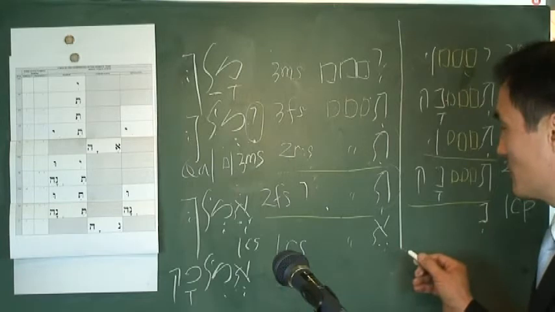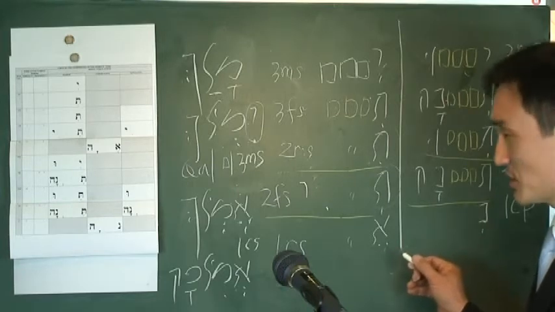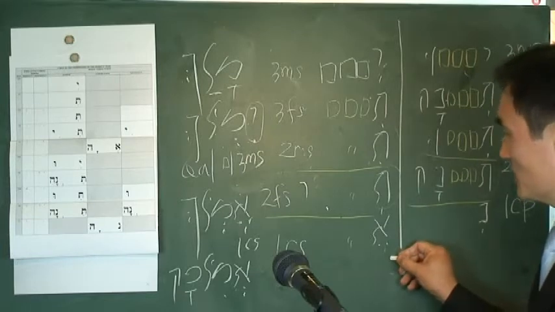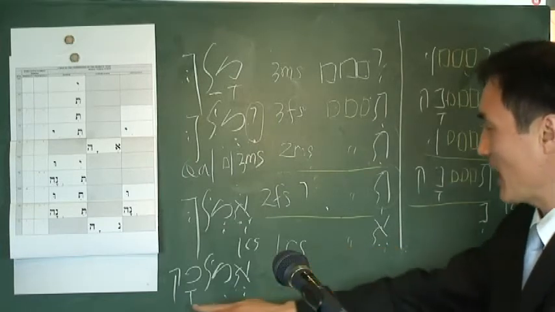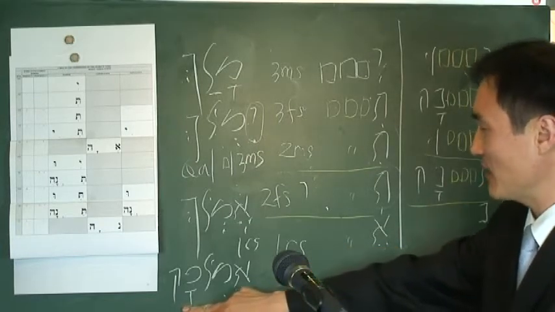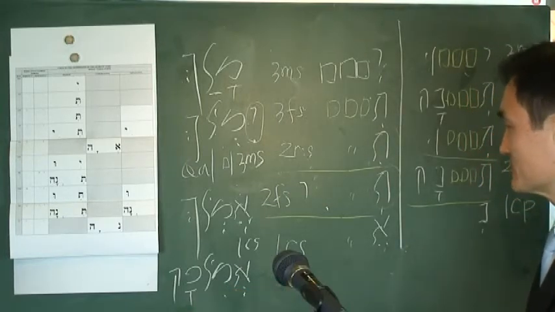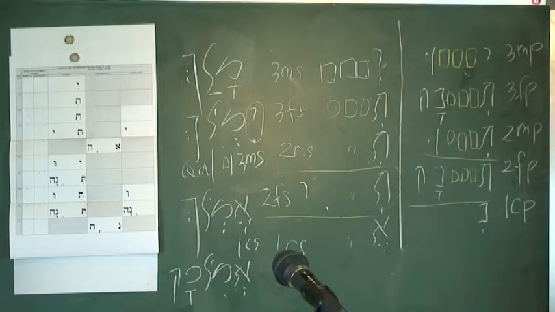Please memorize this. The first person imperative of the qal imperfect form is formed by adding the suffix a to the first person common singular qal imperfect form.